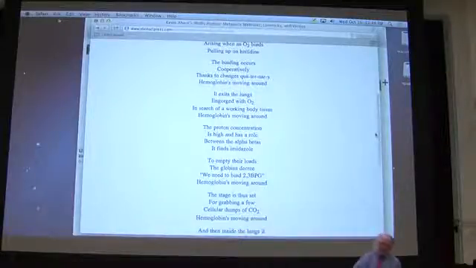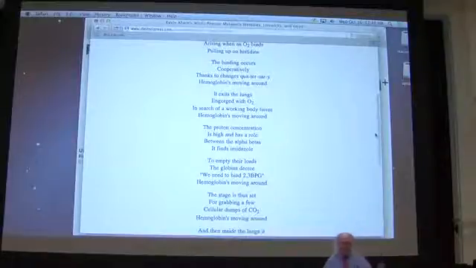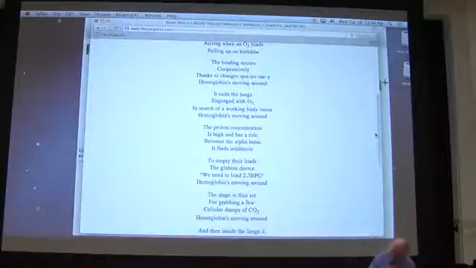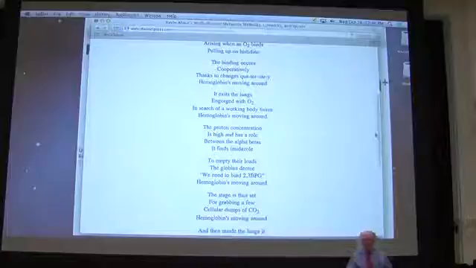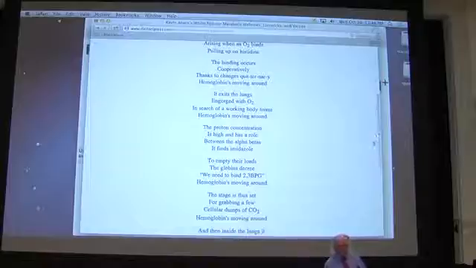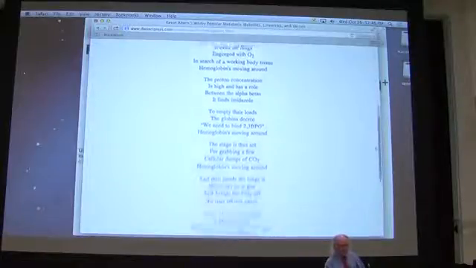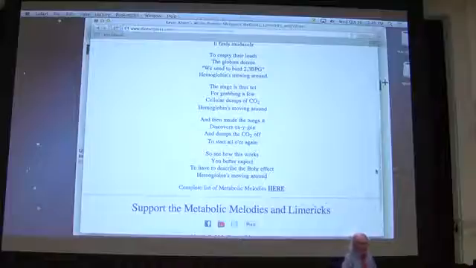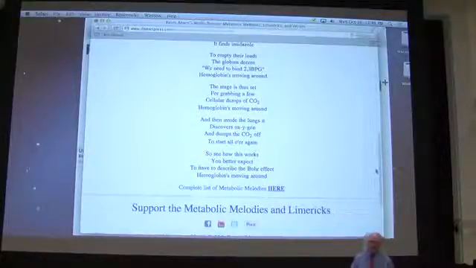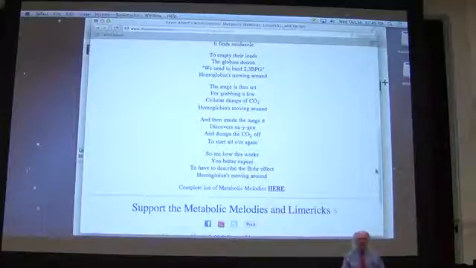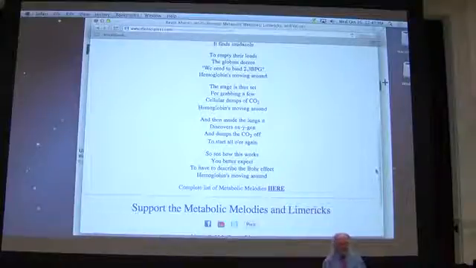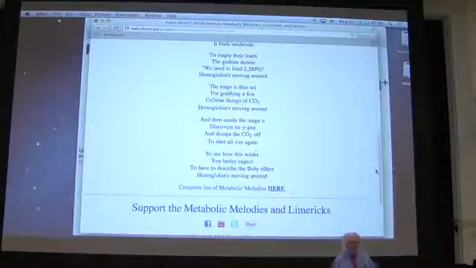Hemoglobin's moving around. The proton concentration is high and has a role. Between the alpha betas, it binds imidazole. To empty their loads, the globins decree, we need to bind to 2,3-BPG. Hemoglobin's moving around. The stage is thus set for grabbing a few cellular dumps of CO2. Hemoglobin's moving around. And then inside the lungs it discovers oxygen and dumps the CO2 off to start all over again.